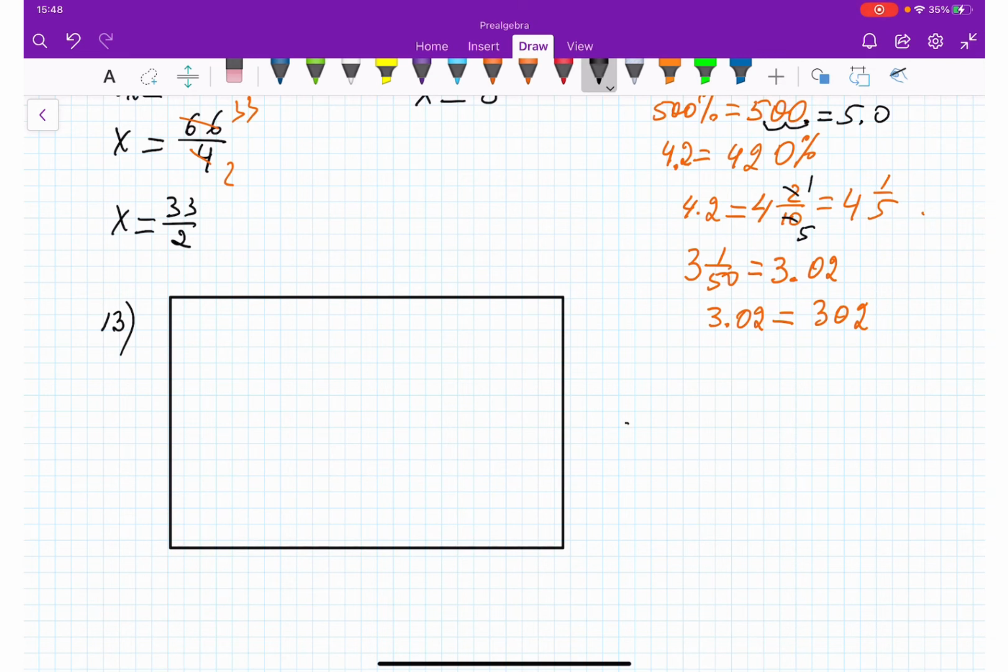Just make sure we can do it. So this is percentage, decimal, and fraction.